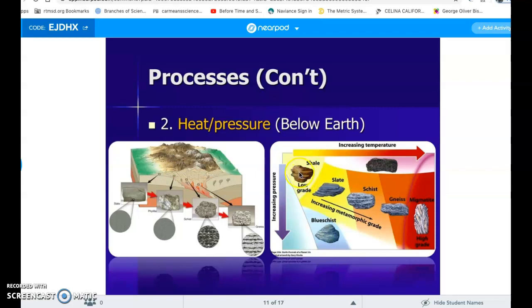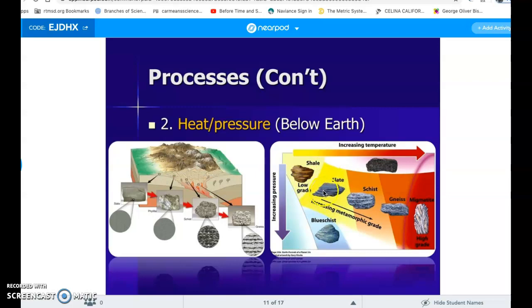However, when that shale gets pushed deeper and deeper inside the earth, the temperature goes up. And as it gets pushed deeper inside the earth, the amount of pressure is increased. And so what happens is over time, when you have all that heat and all that pressure, that shale is then changed into a metamorphic rock, which is pretty cool.